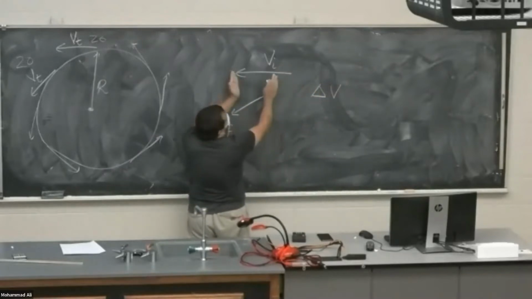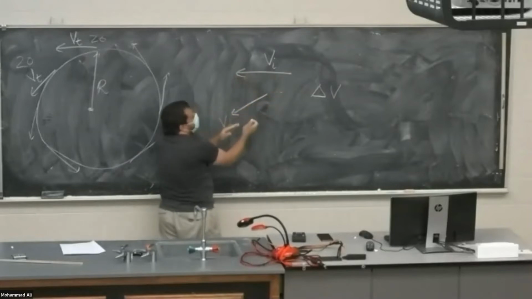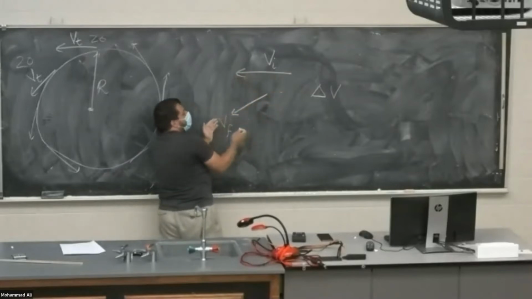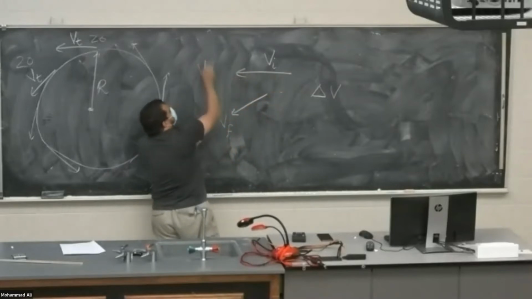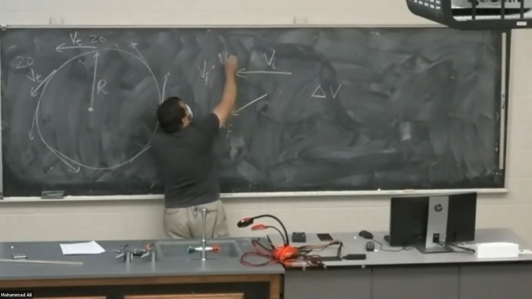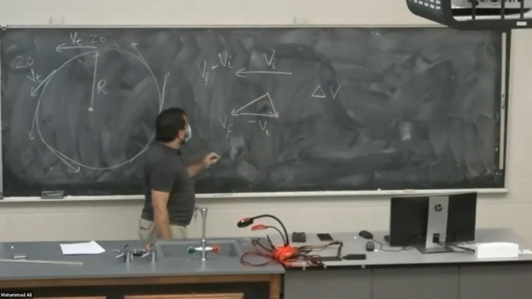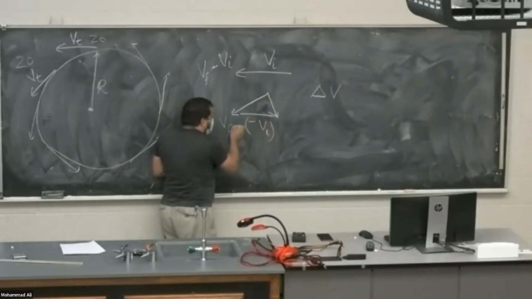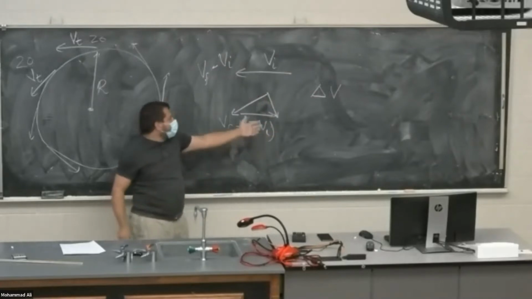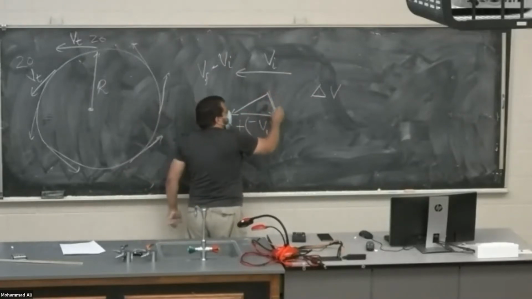This is V initial. Flip it because it has a minus sign. This is minus V initial. This is the difference between them. Because I have V final plus minus V initial, this is delta V.